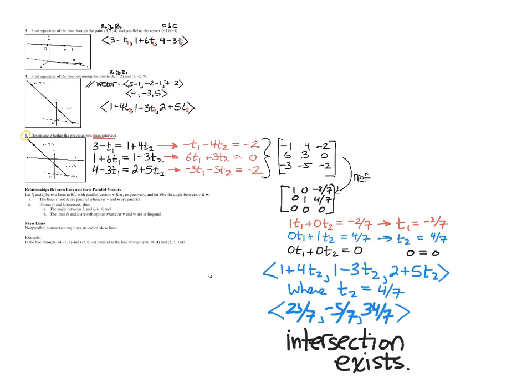Now, it's also telling me that time isn't flowing the same way in these two systems, assuming T represents time, right? Because it takes negative 2/7 in order for T1 to hit that intersection, and 4/7 for T2 to hit that intersection, right?